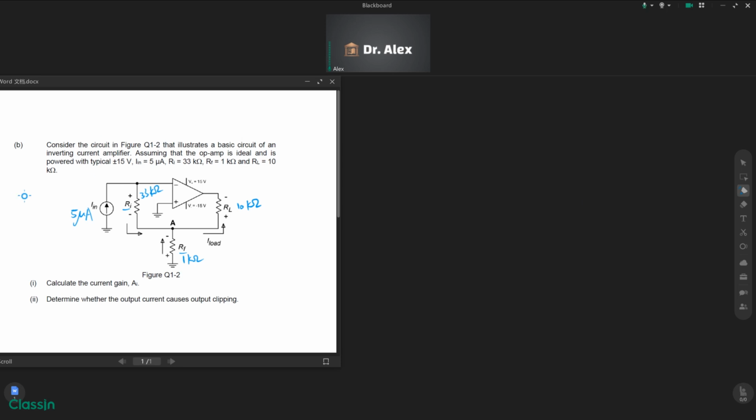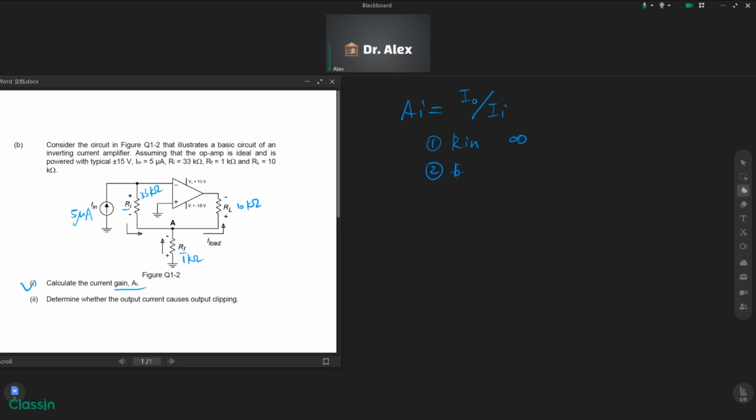The first question is asking us to calculate the current gain. Obviously, the current gain means output current divided by the input current. And don't forget the four features of the ideal operational amplifier. The first one is the input resistance is infinite.